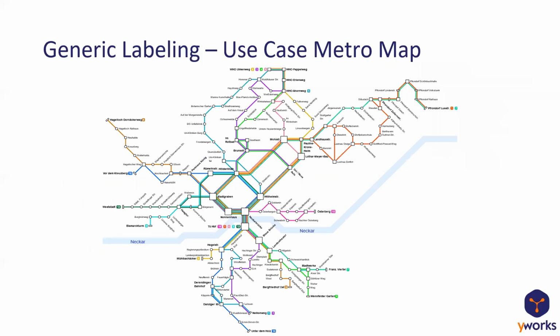Here on this slide, I would like to present another, what I think is a really nice use case for generic labeling. We had a little project where we implemented metro map style layout. Here we had an algorithm that makes the metro map layout and it places the nodes on the edges, but it does not do anything with the labels.